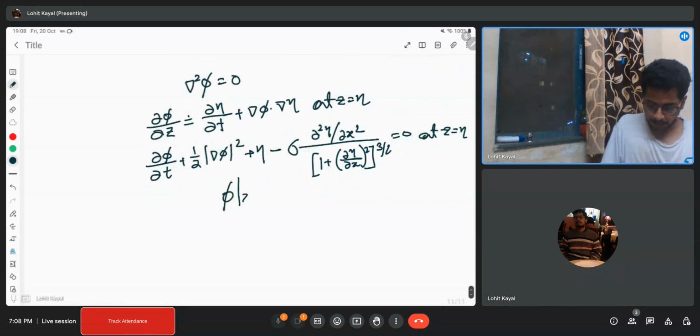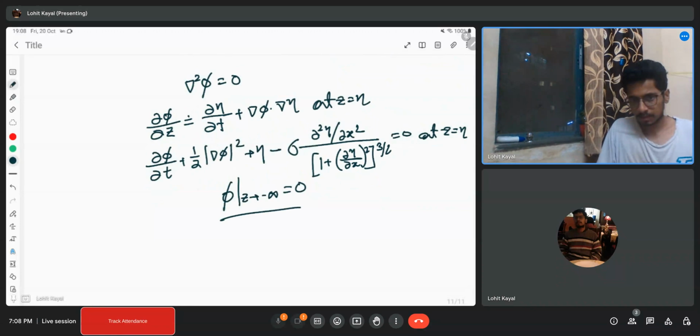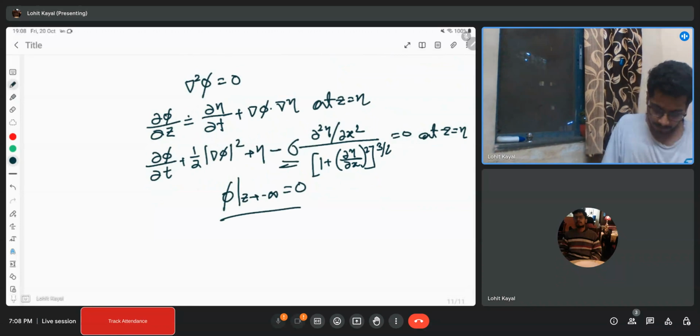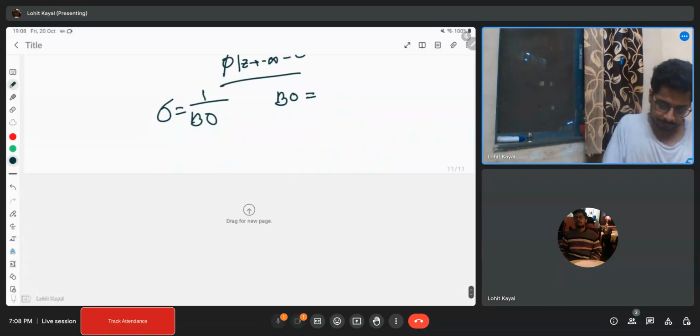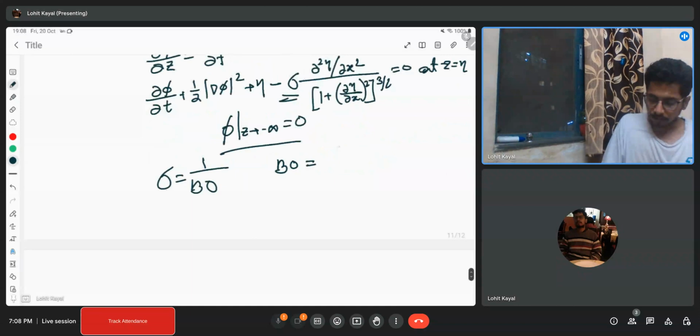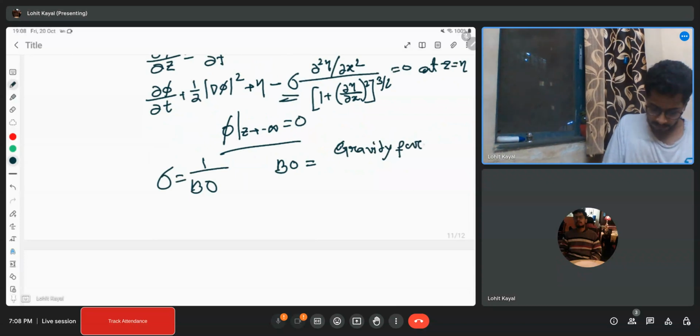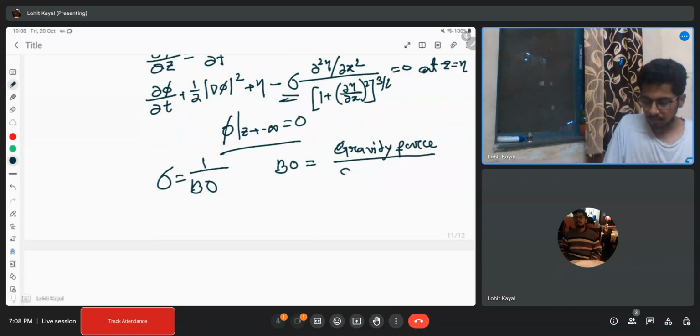And we will assume that it is infinitely deep. So this is the condition, right? Now this term sigma is equal to inverse of the Bond number. And then what is Bond number? Bond number is the ratio of your gravity force by surface tension force.